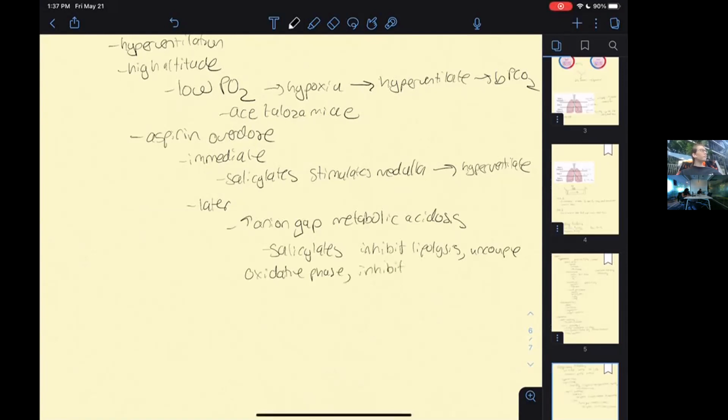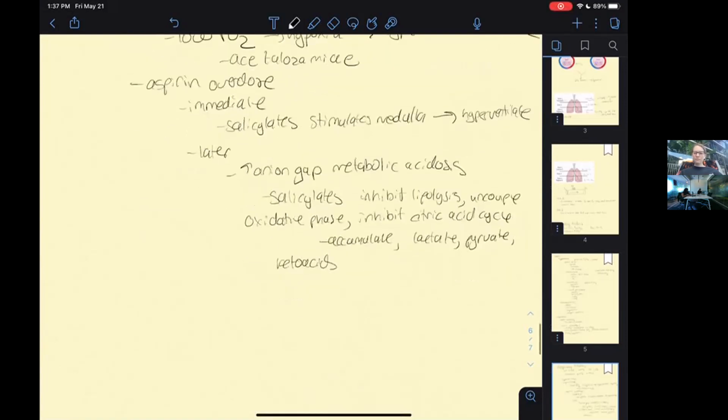So it does a lot of things which can increase your acid production. So you accumulate lactate, pyruvate, and keto acids in your blood, which causes the increased anion gap metabolic acidosis. So depending on when it presents, you can have both at the same time.